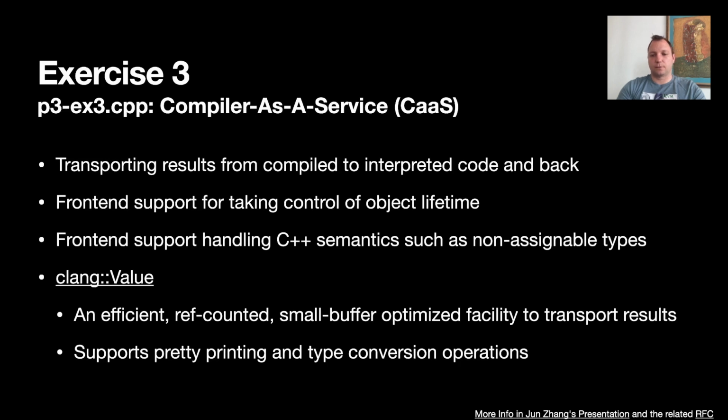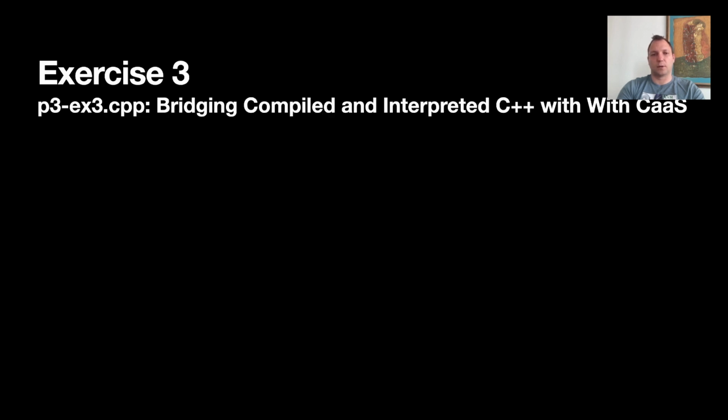For example, if the interpreted code gave us an int and we want to use it as an unsigned, the compiler has no way to generate the relevant instructions. So the clang value needs to support converting the low-level bit representations. You can see more in Jun Zhang's presentation and the related RFC that was sent to the LLVM developers list. These links are clickable, so you can follow them at the bottom right of the slide.